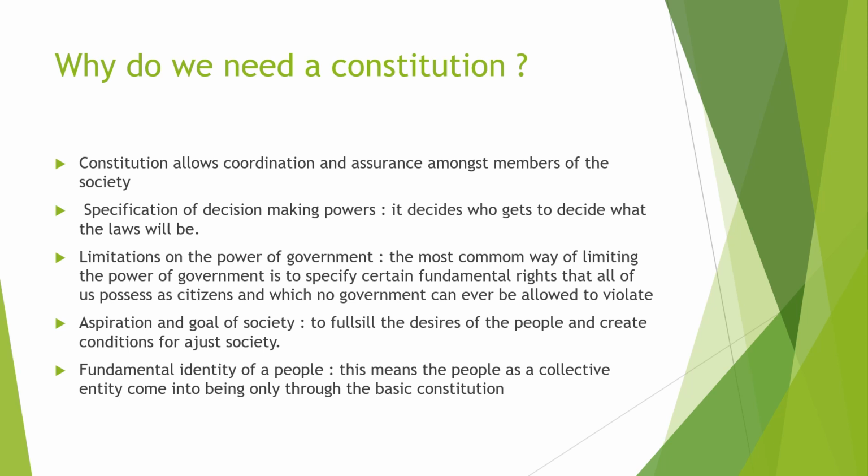For example, in a monarchical form of government, a monarch or a king decides everything. In a dictatorship form of government, a dictator or a ruler is the one who decides. But we, the people of India, live in a democratic country, and in a democratic country, it's the people who decide.